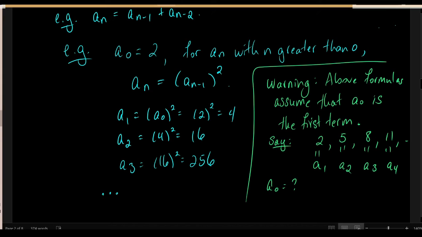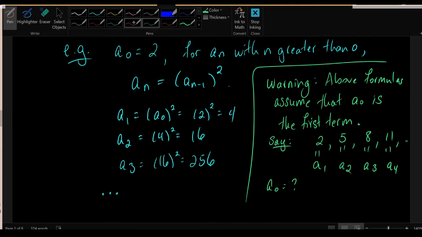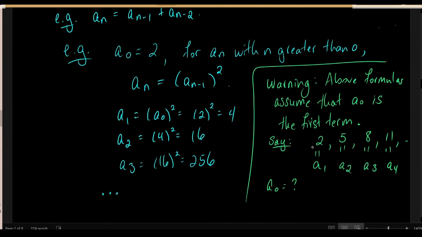Now, this sequence is arithmetic because every time we move from one number to the next, we're adding 3 to the result. So the question is, based on that pattern, what number would precede A1 equals 2?